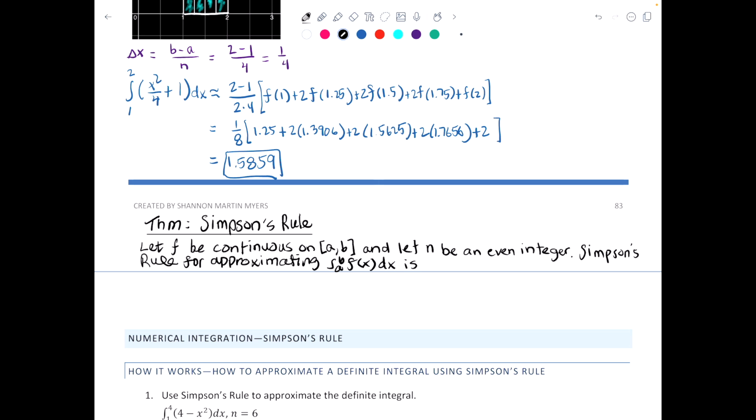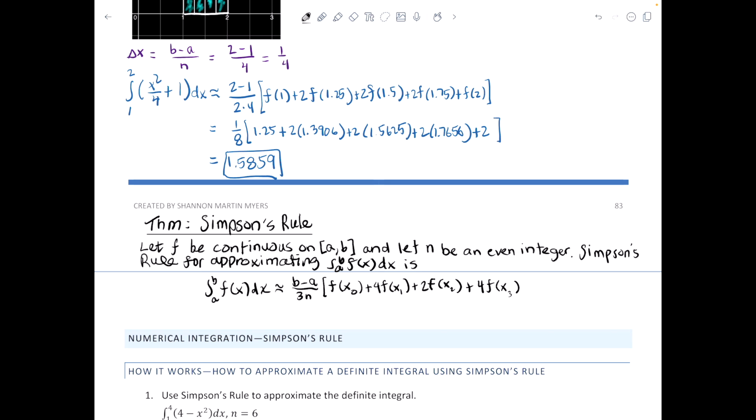is approximately equal to b minus a over 3n times f at x0 plus 4 times f at x1 plus 2 times f at x2, 4f at x3, and you keep going.